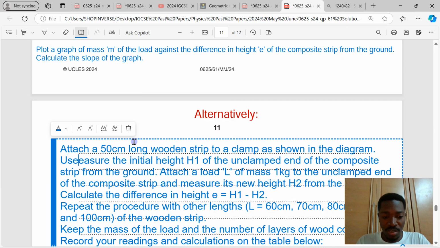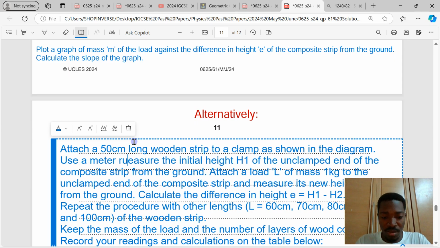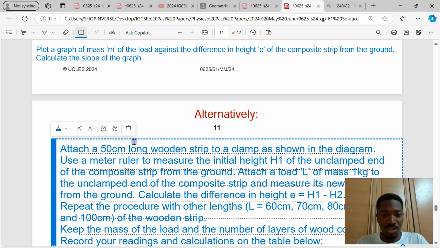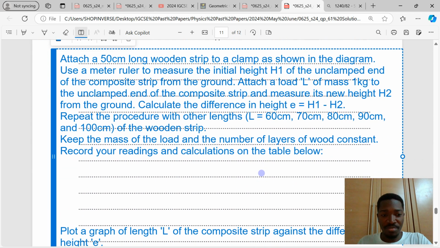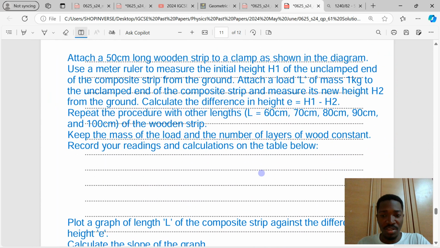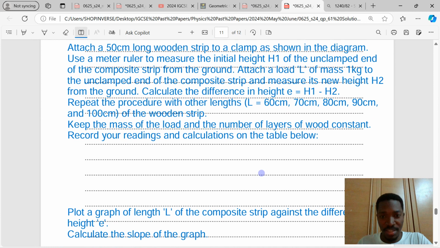So I want to put that here. So I've answered the question again in terms of the length.